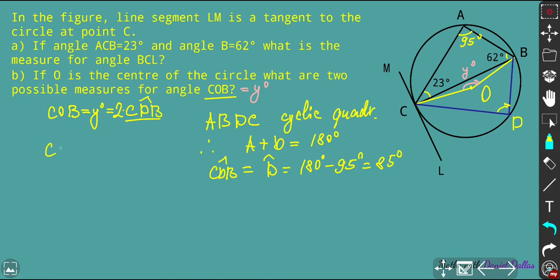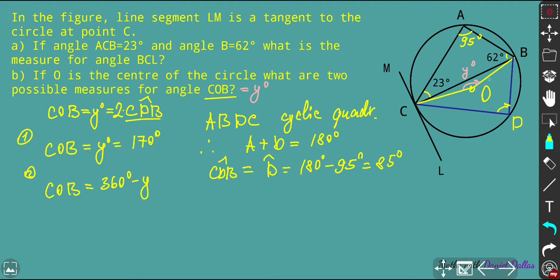So for COB, our target angle Y, we get twice that measure: twice 85 degrees gives 170 degrees. That's the first possible measure, that's one value. But why were you asked about two possible measures for angle COB? We can consider angle COB as the reflex angle, so not Y, but 360 minus Y. We don't clearly state which angle we need to give the value for, so the alternative measure is the angle that complements Y to 360.